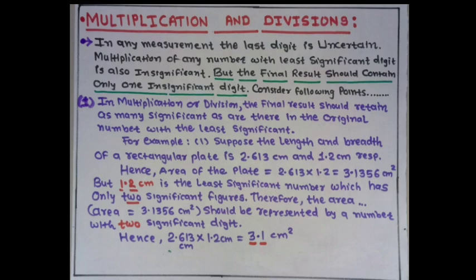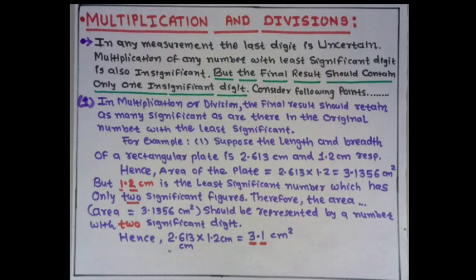First point, in multiplication or division, the final result should retain as many significant figures as there are in the original number with the least significant figures.